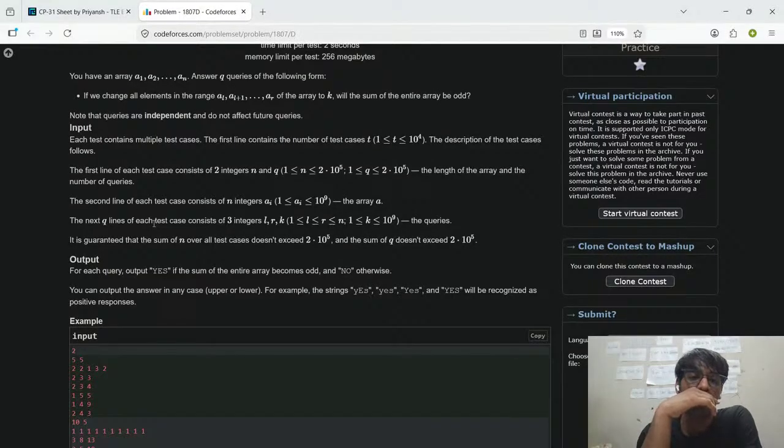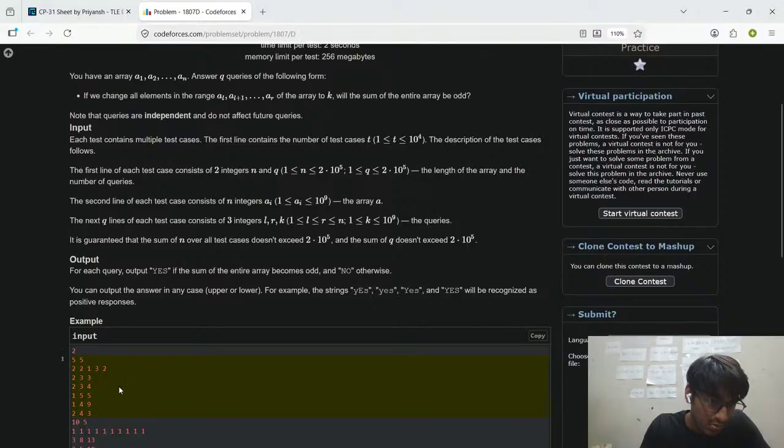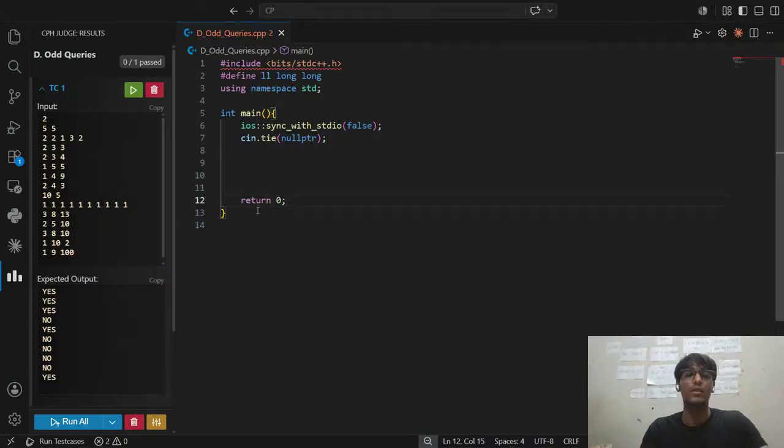Now there have to be two loops, right? And inside each loop, I think I will be able to handle this problem. No, obviously, that's just bullshit talk on my part.